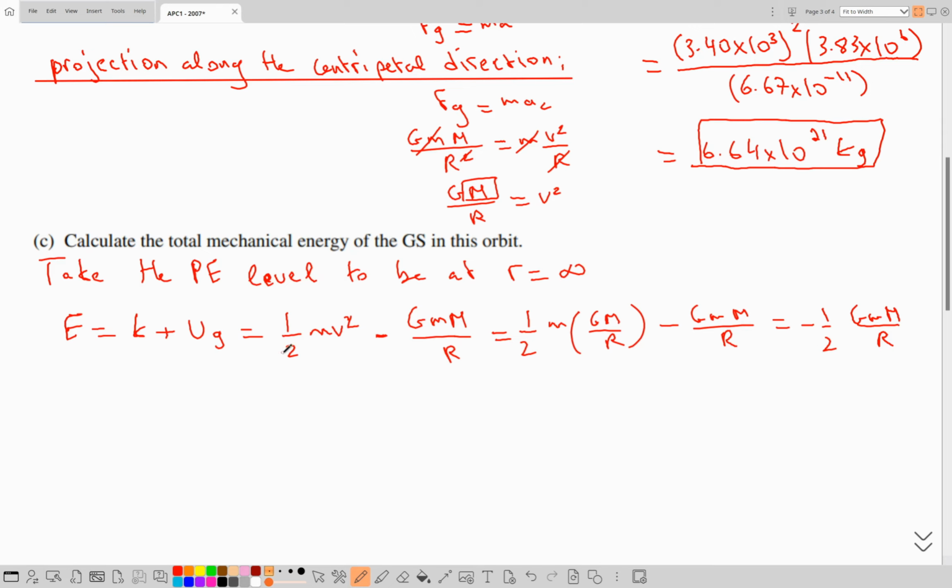You can simply calculate the mechanical energy from here, and that would be minus half the value of G, which is given by 6.67 times 10 to the power minus 11. Now the small mass is the mass of GS, which is 930. The central mass is given by 6.64 times 10 to the power 21.